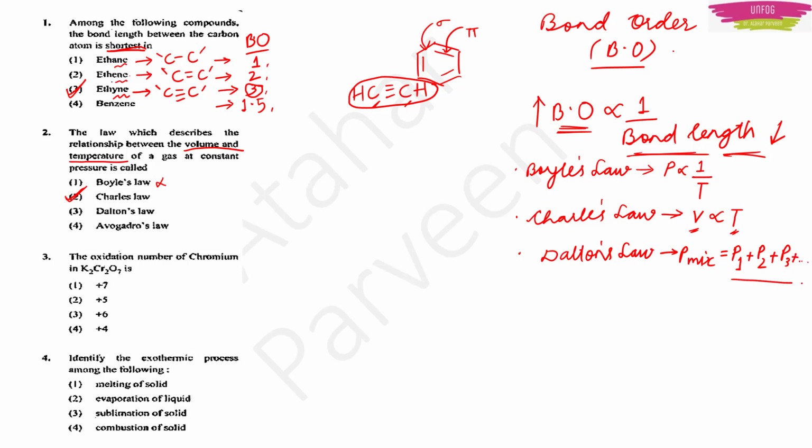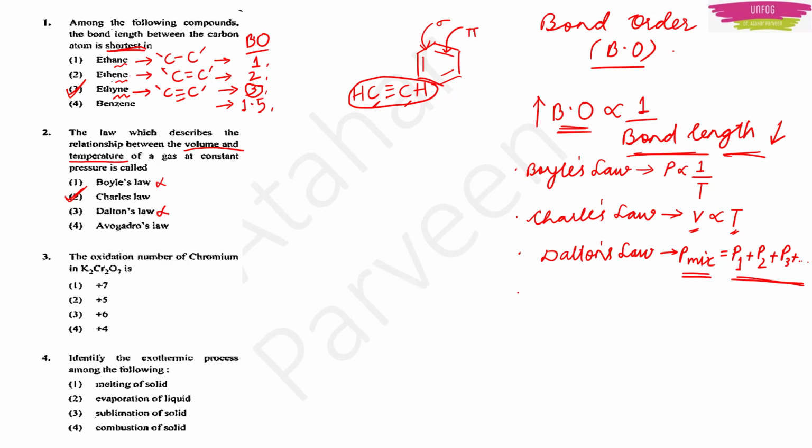If you add all of those pressures, the resultant will be the pressure exerted by that mixture of gas. We don't have volume and temperature here, so Dalton's law cannot be the answer.